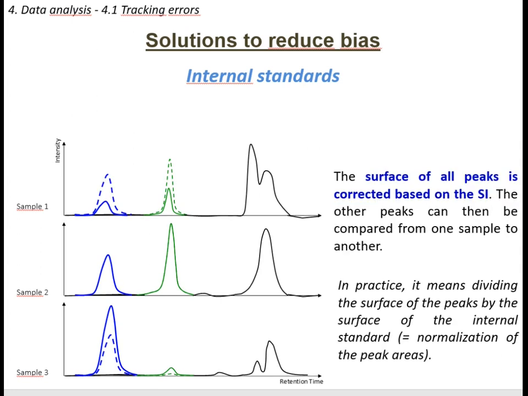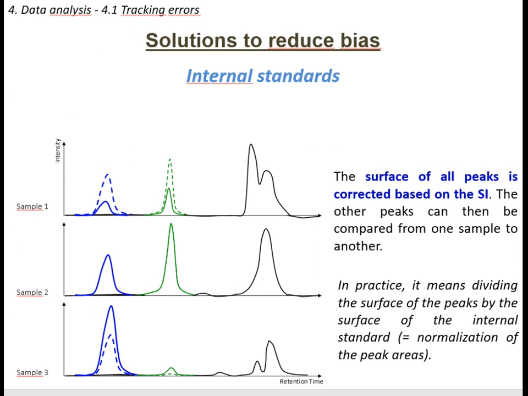And so we can correct the green curve by taking into account the blue curve. So what you will do basically is increase the signal of sample 1 and decrease the signal of sample 3 so that the 3 chromatograms display the same signal for the internal standard. And you do that, of course, homogeneously within a chromatogram for all the peaks.